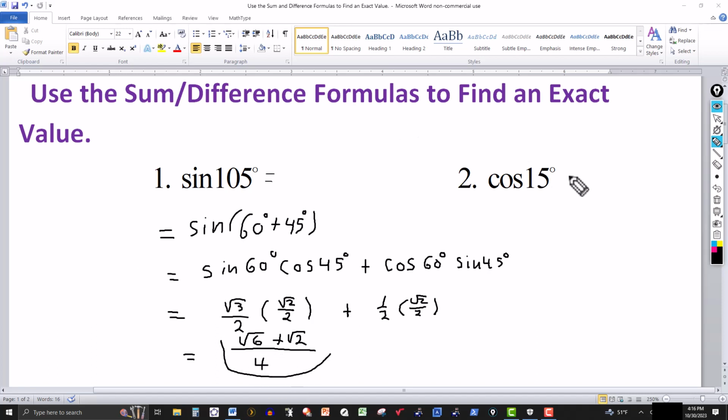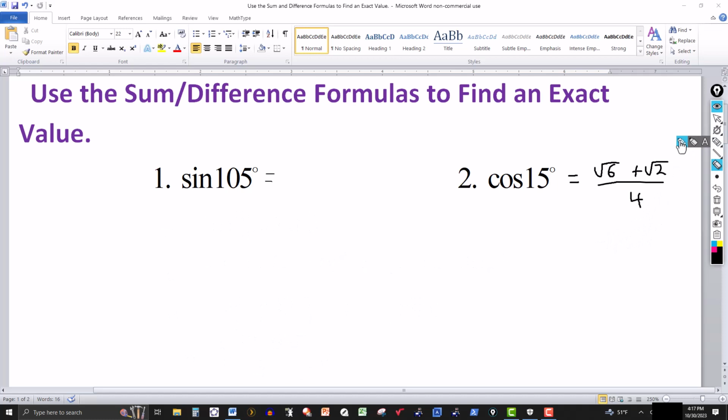Now, the answer to this one also turns out to be the same thing. So we'll just set it up and I'll let you complete this. That's your answer right here. This is what you should get.